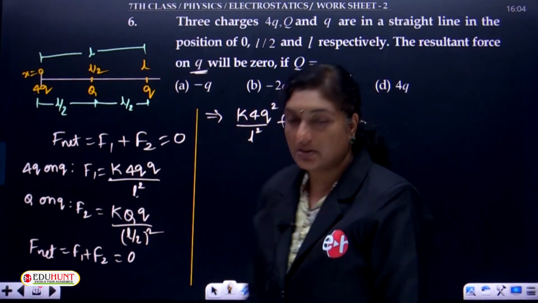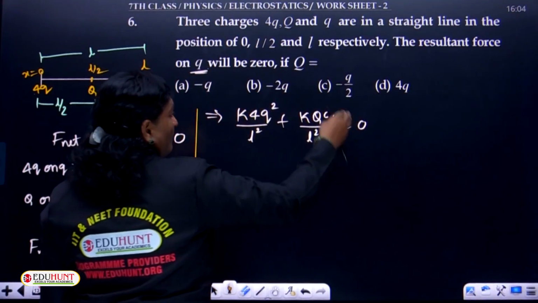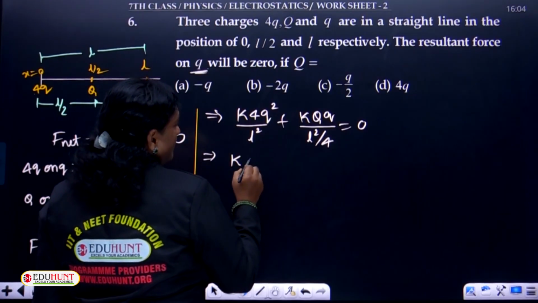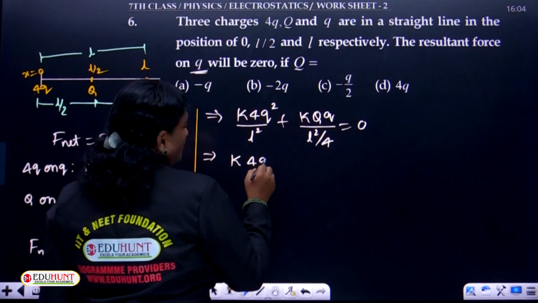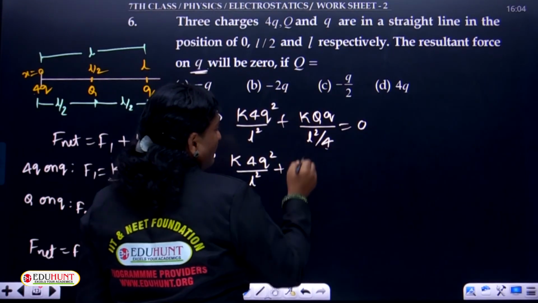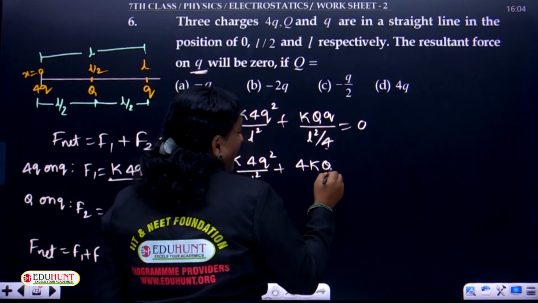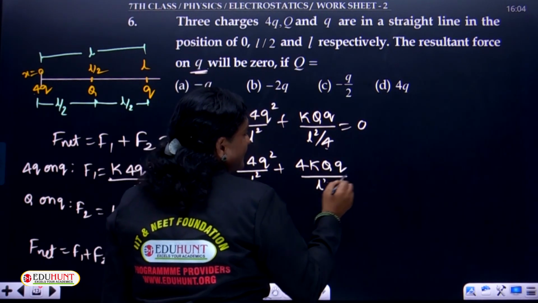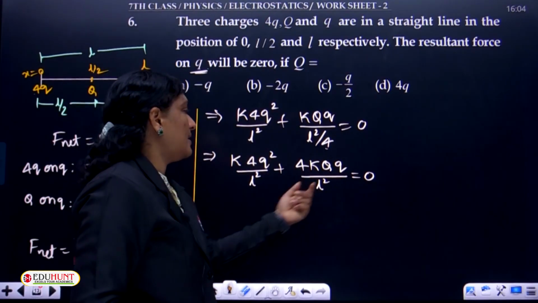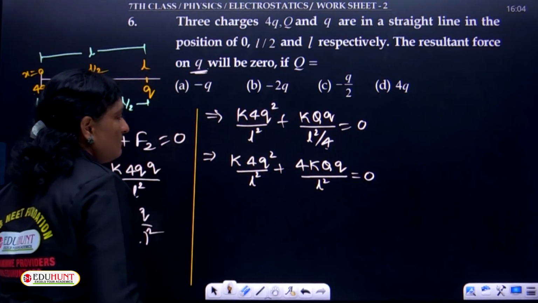So, taking further LCM, the 4 will come up, then this implies K times 4Qq upon L square plus, again here 4 will go up, 4K capital Q small q by L square equals 0. LCM, you have L square. So L square when taken to the other side will become 0.